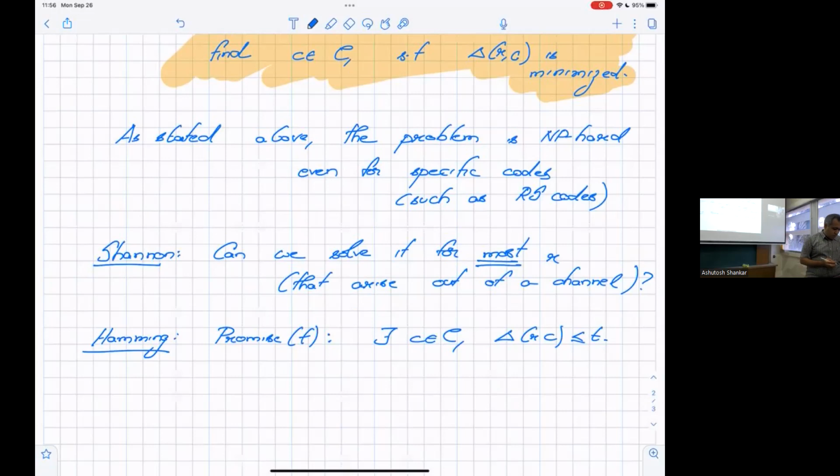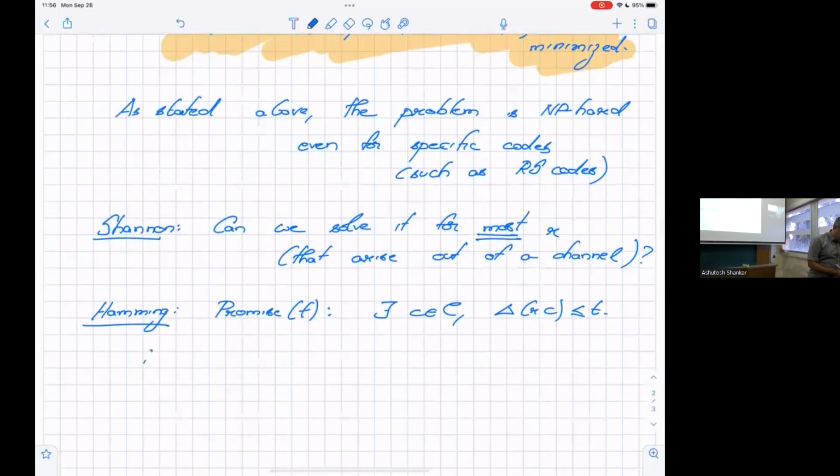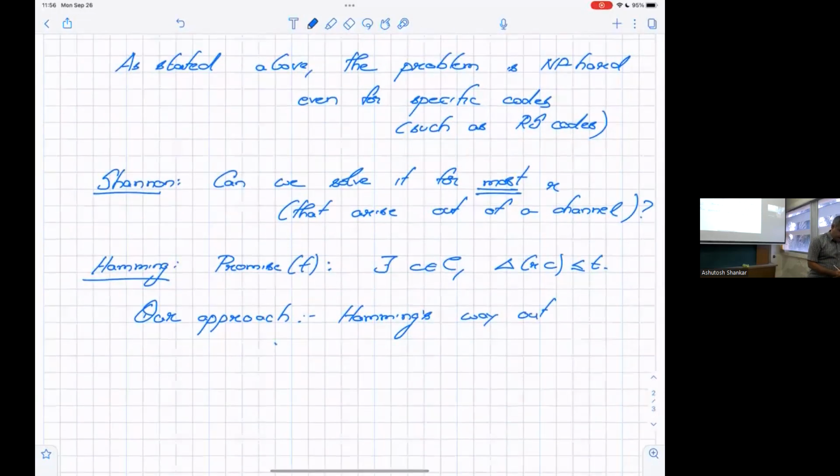So our approach will be to take Hamming's way out. In particular, find the largest T for which we can solve it.